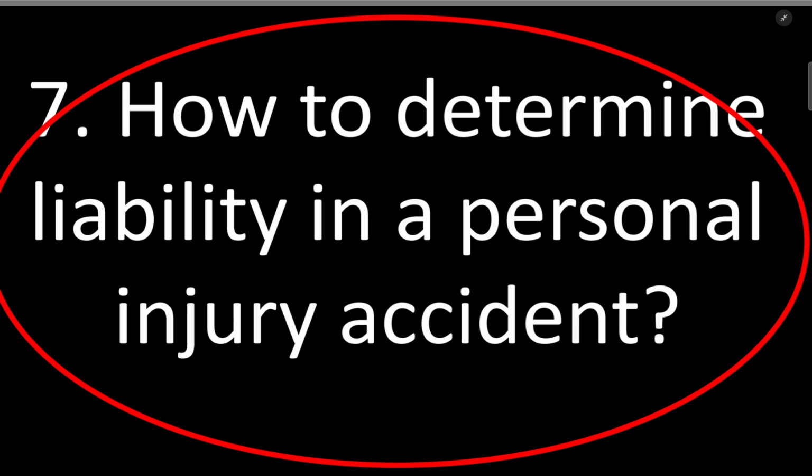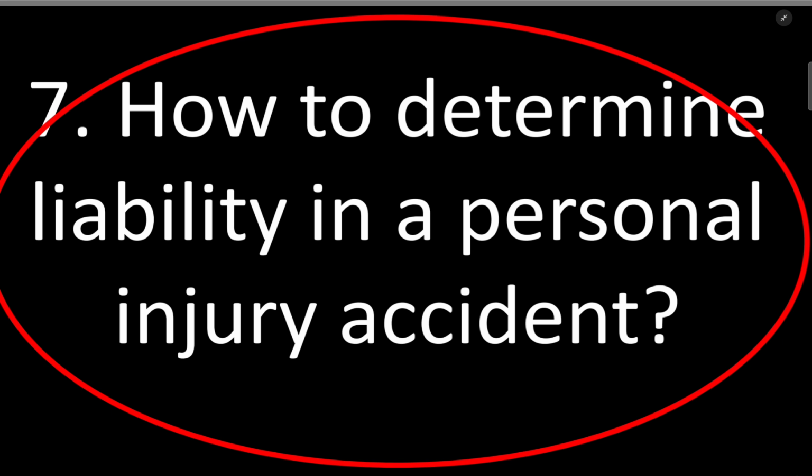Step 1. Understand the concept of negligence. The first thing to know when determining liability is the concept of negligence. Negligence refers to the failure to exercise a reasonable standard of care, resulting in harm to others.